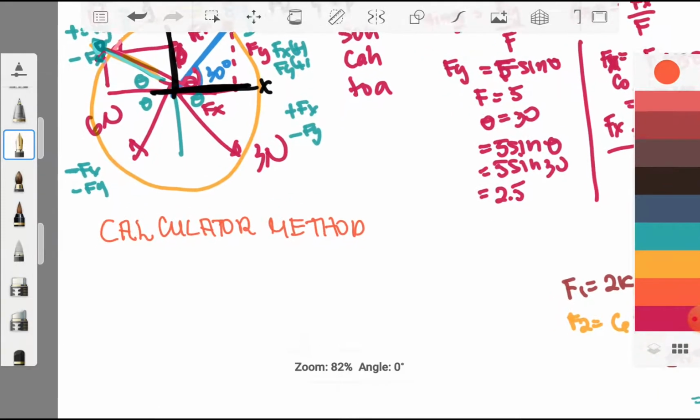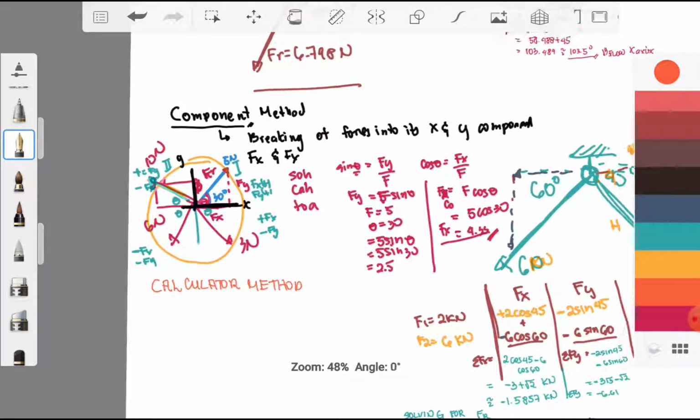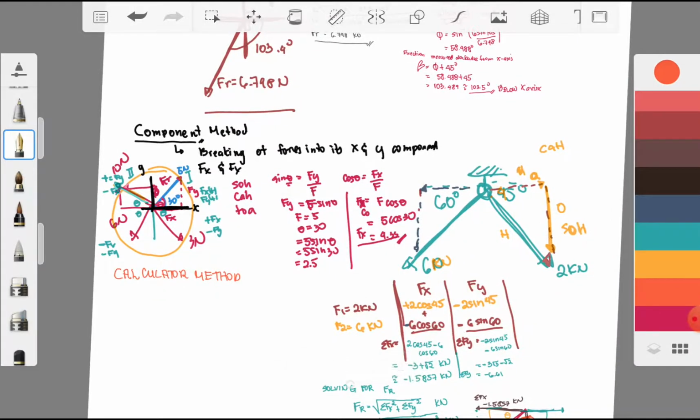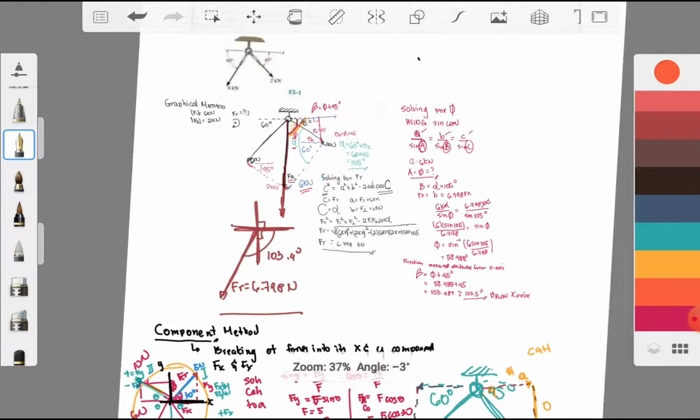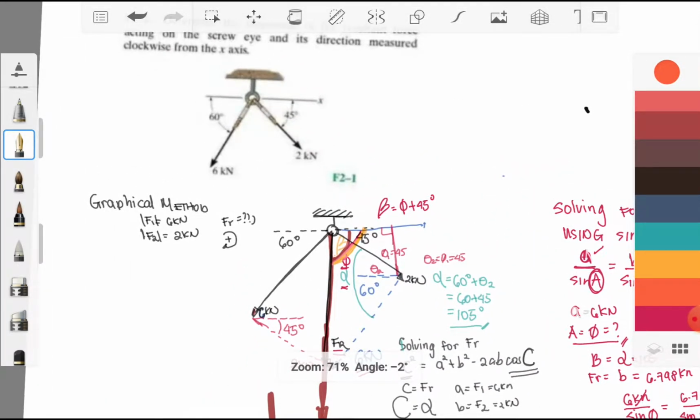Okay? So using your calculator method, let us project the value of forces using their polar coordinates. When you talk about polar coordinates, it is your coordinate in the x and y system.